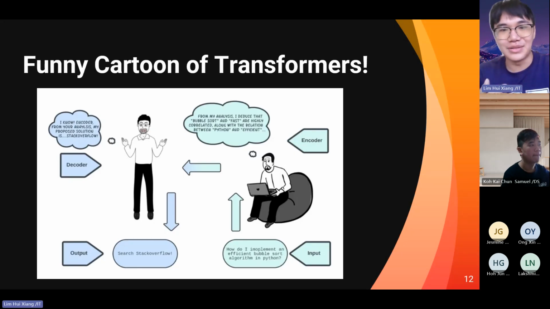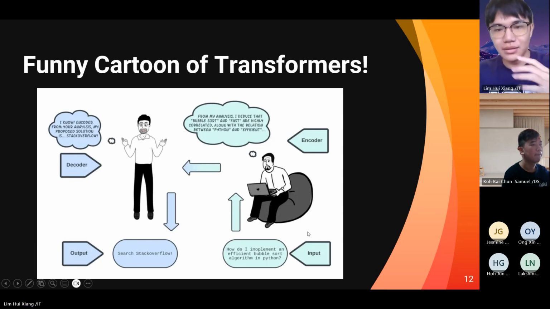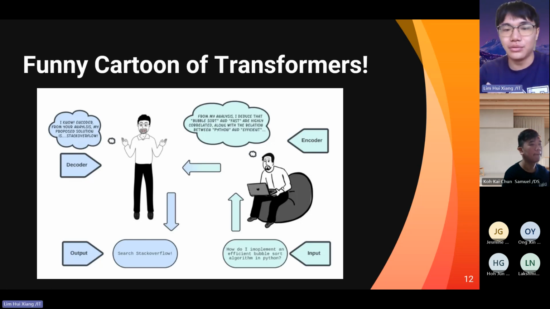Now I'll try to use a real life example. As you can see from the info over here, the guy asked the question, how do you implement an efficient bubble sort? Afterwards, the encoder processes the input so that it can be utilized for the prediction. Then the decoder comes in.